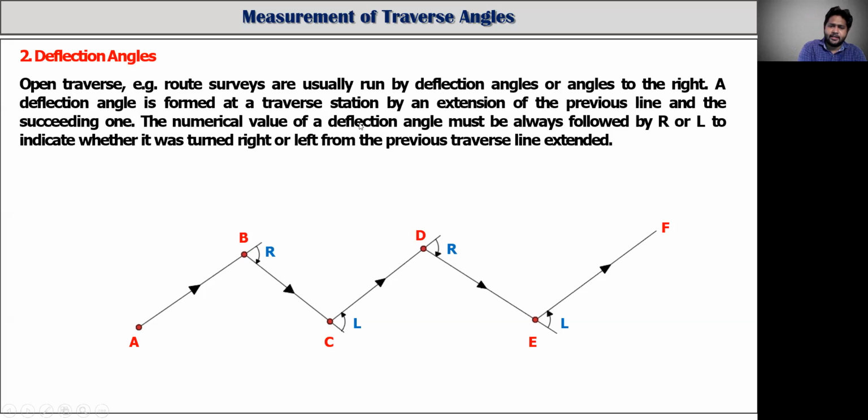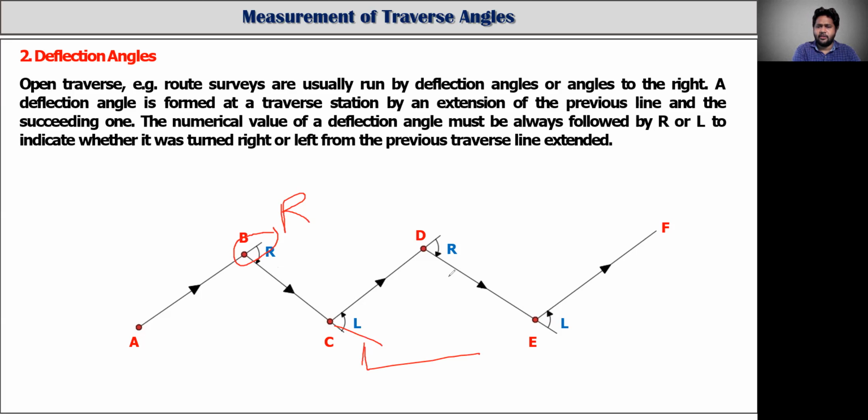So if you observe in this diagram, this is the survey line of an open traverse. This is the extended line. It is extended towards the right, so it is indicated as capital R. For this line BC, the traverse line is extended towards the left side, so it is stated as L, that is left.